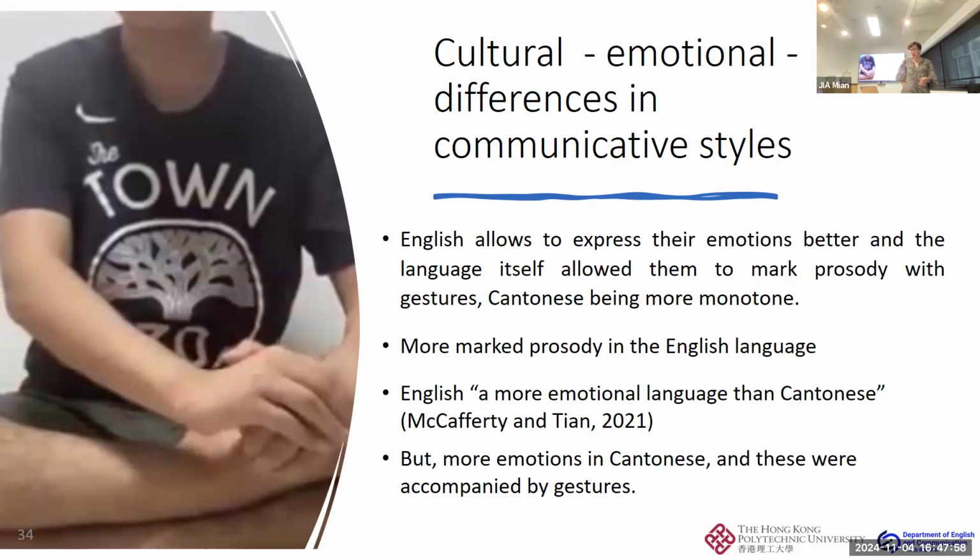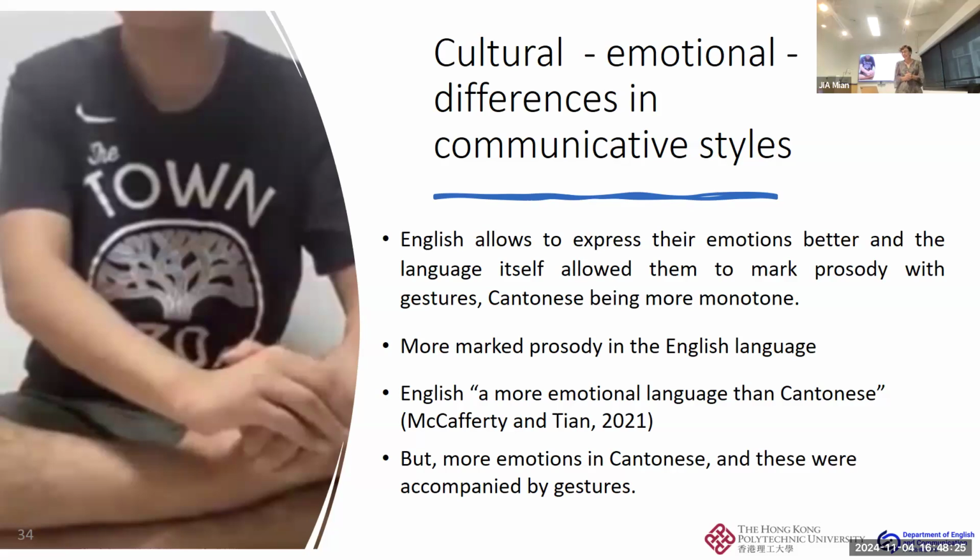There's a previous study by Stephen McCafferty and Tian, who were talking to Mandarin-speaking students who had gone to live in the US. And these students had also said that they found English a more emotional language than Cantonese. Here, I think there might also be a cultural element because they were in the US.